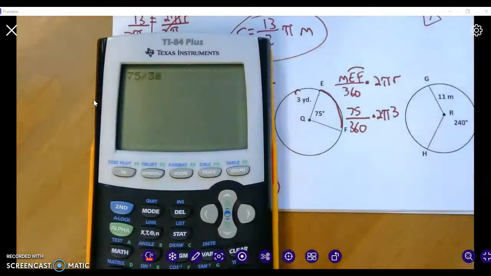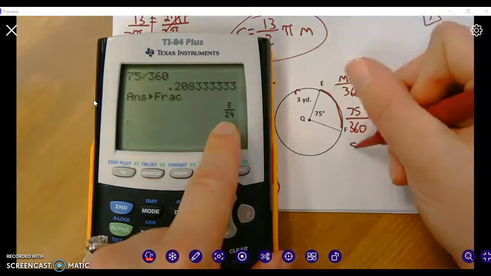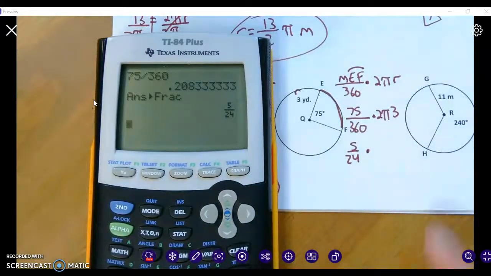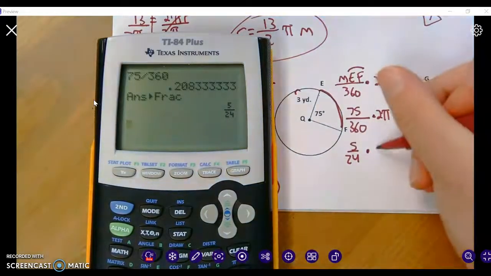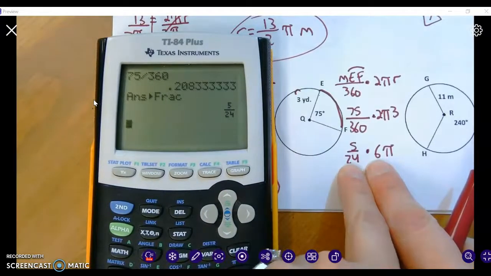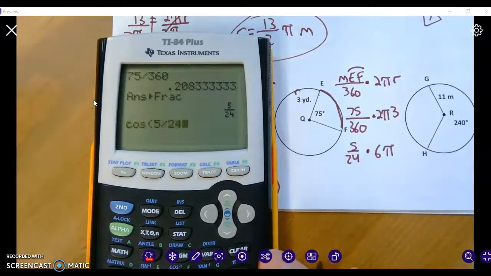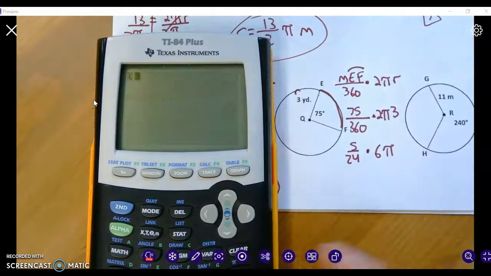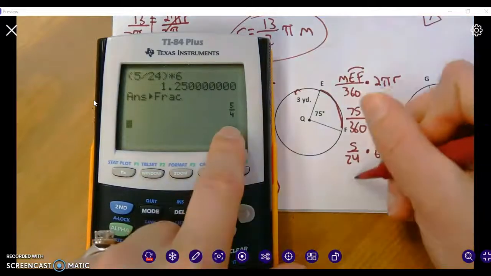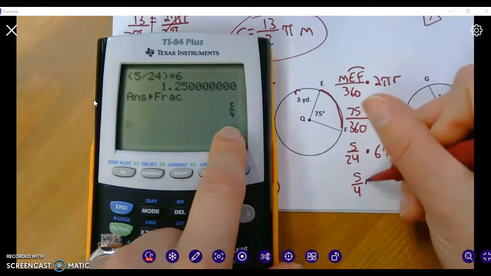So 75 divided by 360 is 5/24. And then 2 times 3 is 6, and leave the pi. Then we're going to combine all of this. So we have 5/24 times 6, and turn that to a fraction. So 5/4 pi.